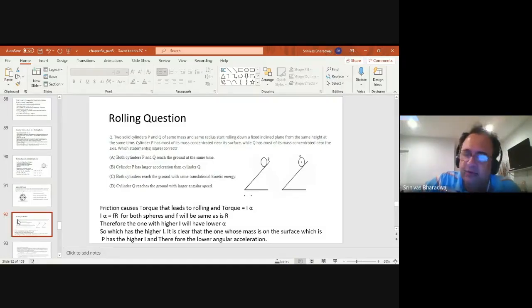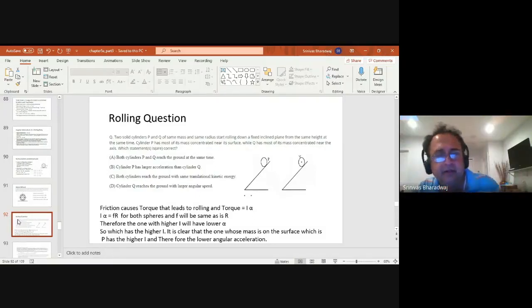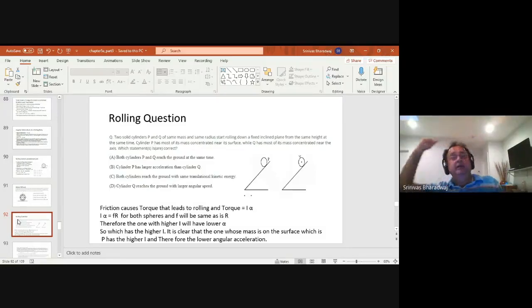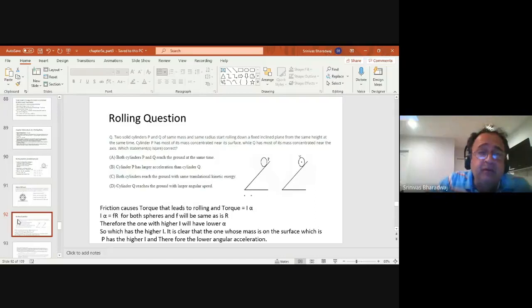Okay, there are a lot of problems which can come in angular momentum and torque. Of course, there's the ladder set of problems, there is the rolling set of problems, there is the I omega problems, there is the d omega by dt alpha angular acceleration related problems, and of course there is the planetary problems, right? Many different types of problems. Then there's the kinetic energy problems, rolling kinetic energy related problems, right?